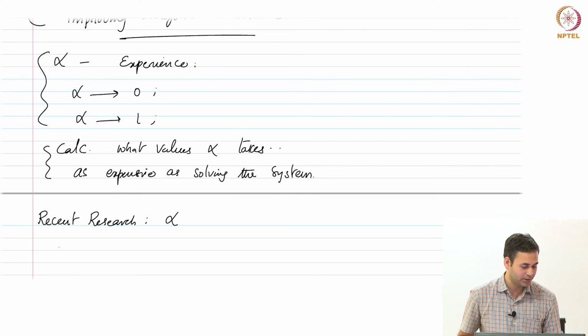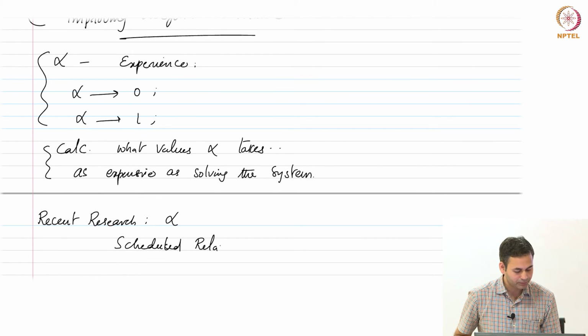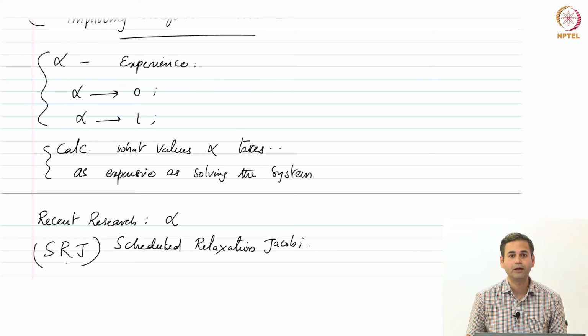This is recently known as scheduled relaxation Jacobi, called SRJ, which will tell you what alpha to use for what kind of problems, okay, and then how you should pattern it.